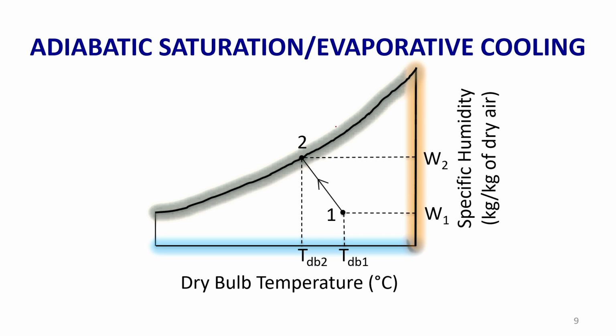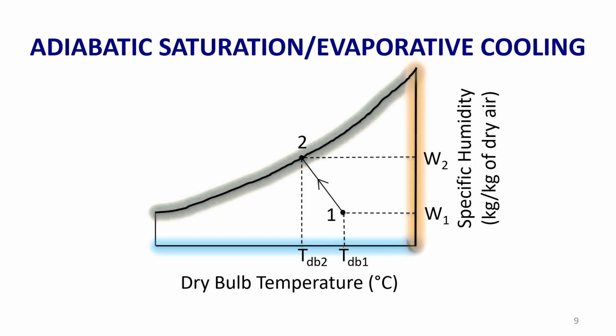So, here this is the saturation line, this is dry bulb temperature 1, this is dry bulb temperature 2. As I said, it involves cooling. So, the temperature of the air after the process will be less.